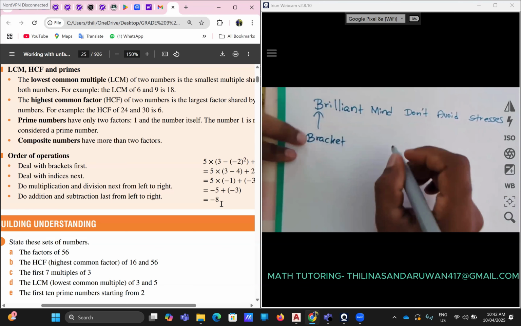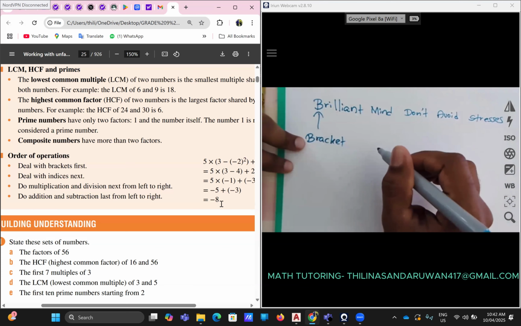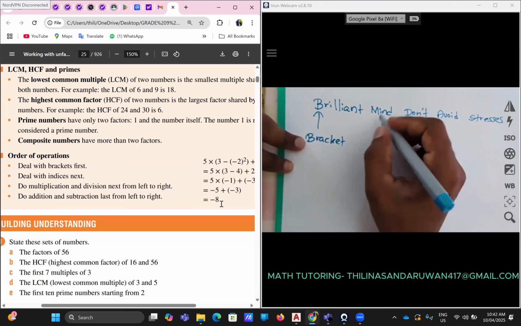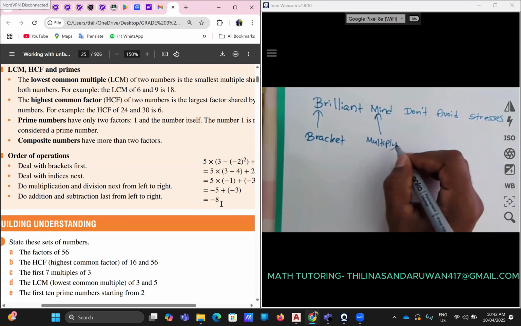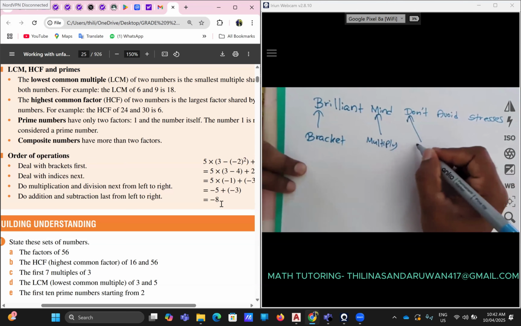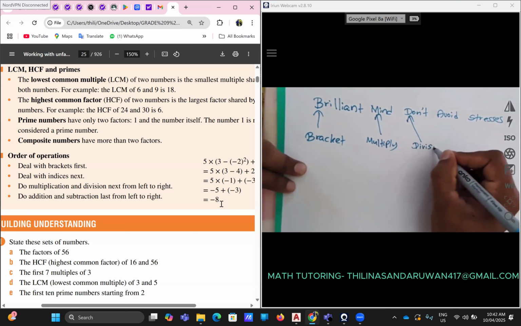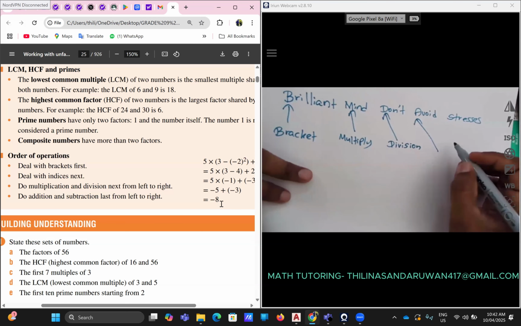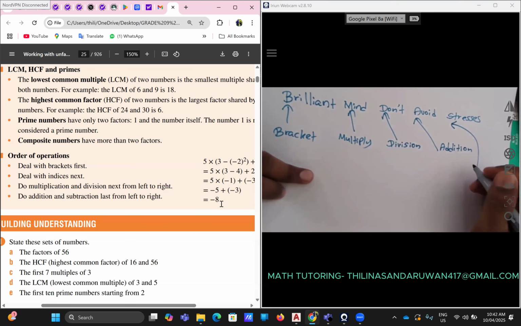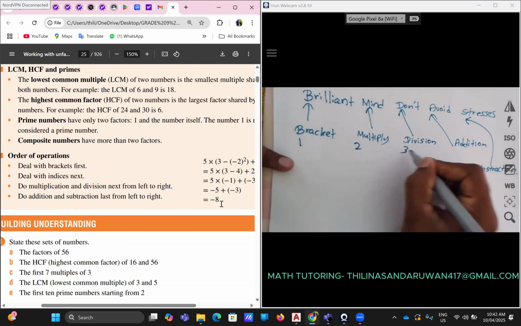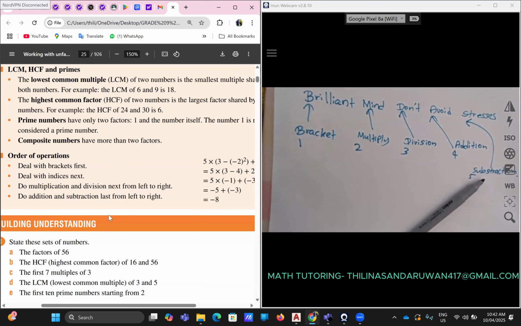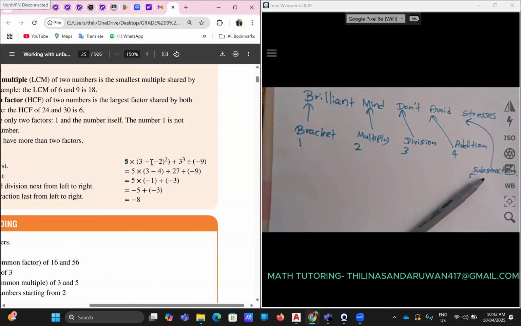You must deal with the things inside the brackets first, and then multiplication and division, and A means addition, S means subtraction. So this is the order you should follow when you see this kind of equation.